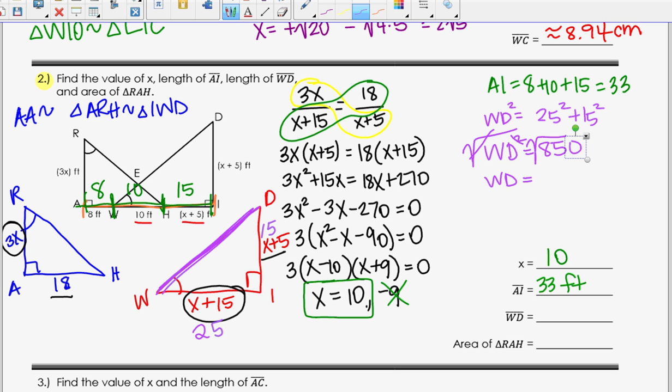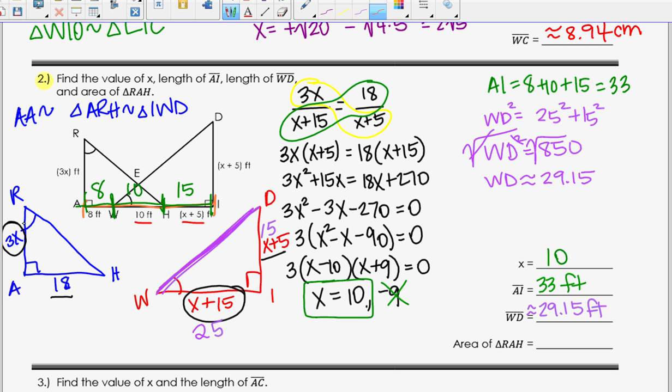So I'm going to take my calculator and do the decimal equivalent, which is approximately 29.15. So this is approximately 29.15 feet.